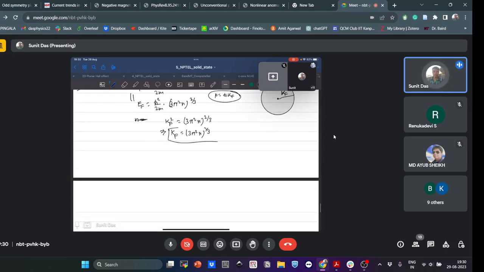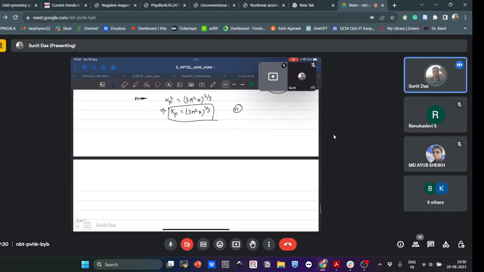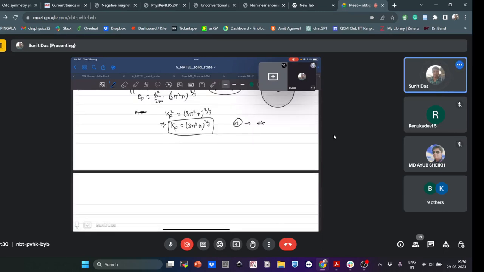So technically we got the expression, but we need n. n is the electron concentration, that means the number of electrons per unit volume, so n is the number of electrons by the volume of the material.